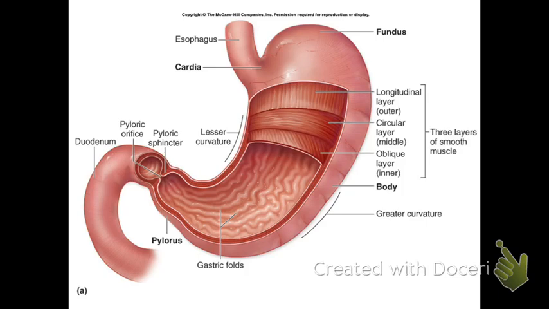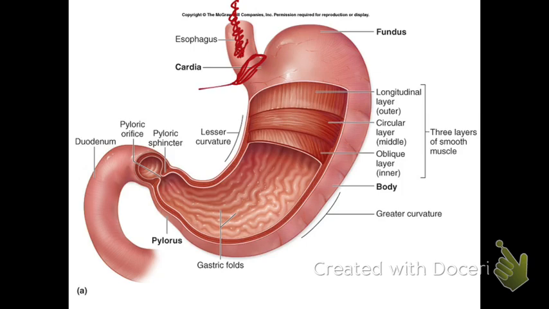Let's take a closer look at the stomach. Here is the esophagus. And right about here, there's a sphincter. A sphincter is a circular muscle group. In this case, this sphincter is usually closed down. The sphincter only opens up as food is coming down the esophagus.